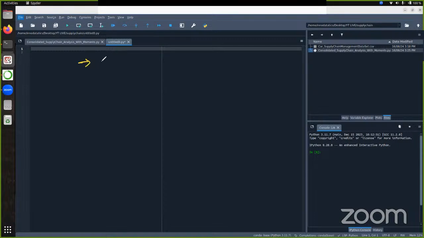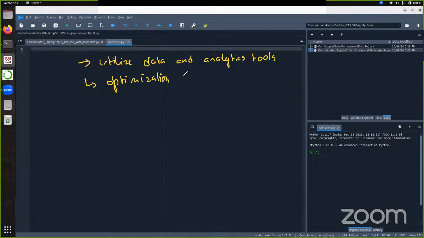Here we are going to utilize our data and analytics tools, and we are going to look at the optimization of the flow of goods as well as services throughout the supply chain.